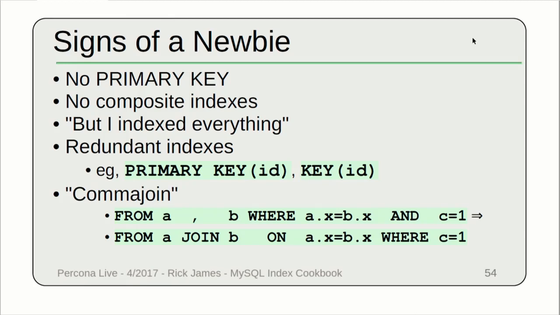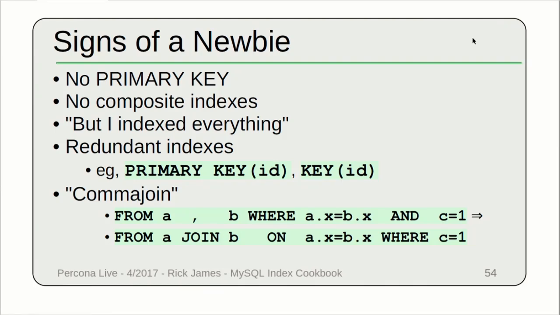And some people are still doing comma joins. Here's a simple example of a comma join and how you would write it in the preferred syntax. These are identical, they're compiled identically, everything works identical, just that the language has moved on. Get rid of the commas, use join on.